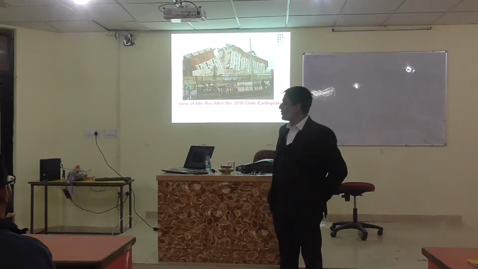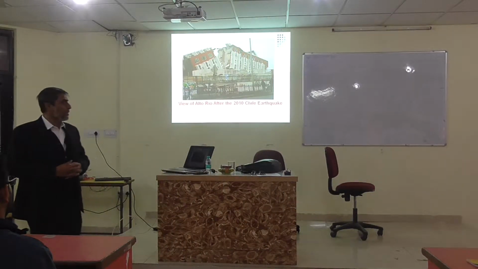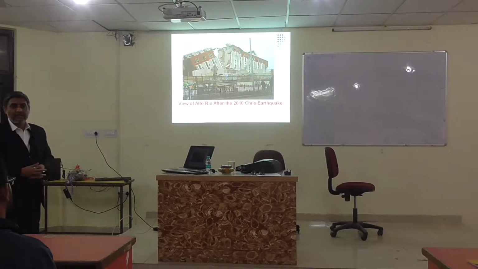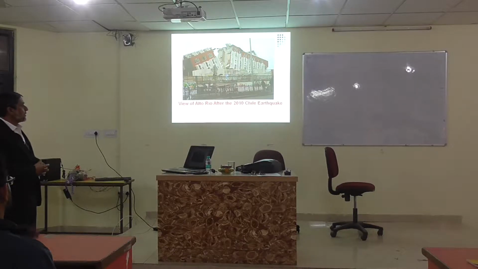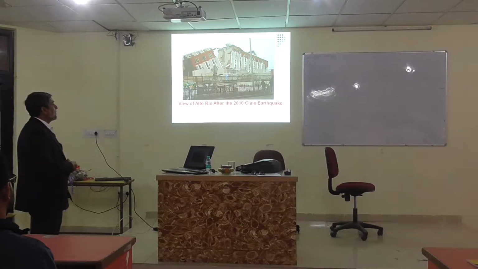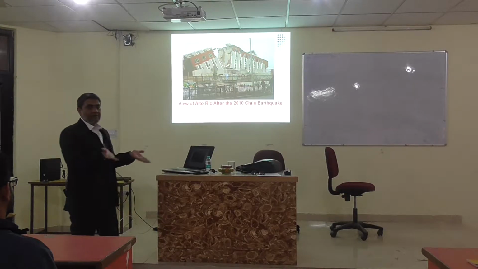This building, you can see, has been torn apart like this. Maybe the reason of that is soft stories to one side. The bottom portion is not clear, so we cannot conclude directly what happened. But ultimately, some sort of loss of the structural rigidity here has torn it apart like this.